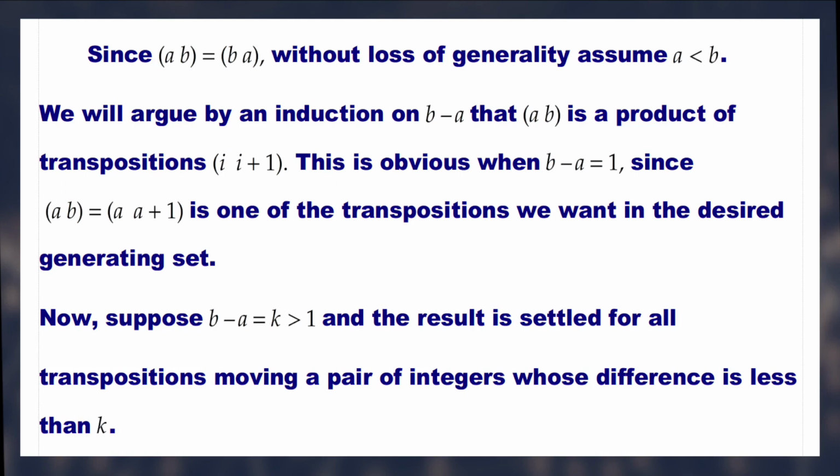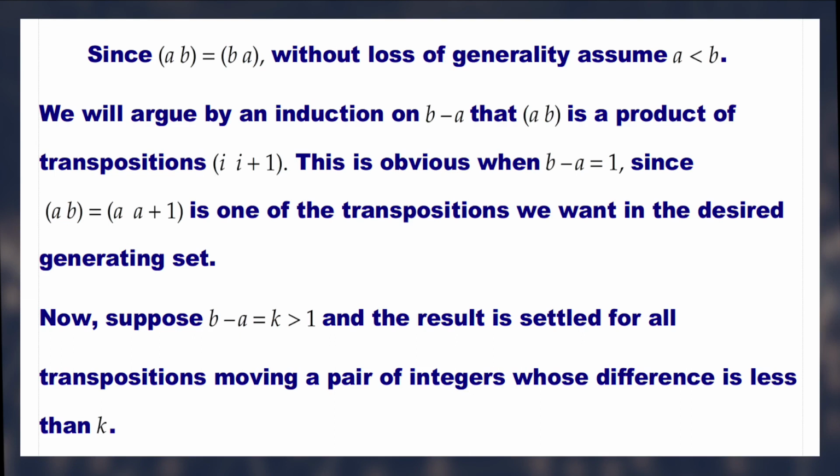We will argue by induction on b minus a that the transposition (a b) is a product of transpositions (i, i plus 1). This is obvious when b minus a is equal to 1, since (a b) is equal to (a, a plus 1), which is one of the transpositions we want in the desired generating set.